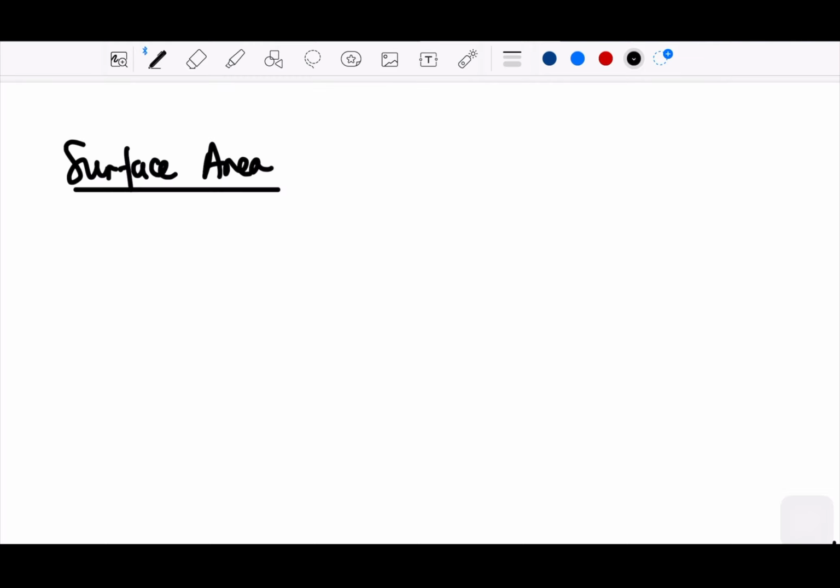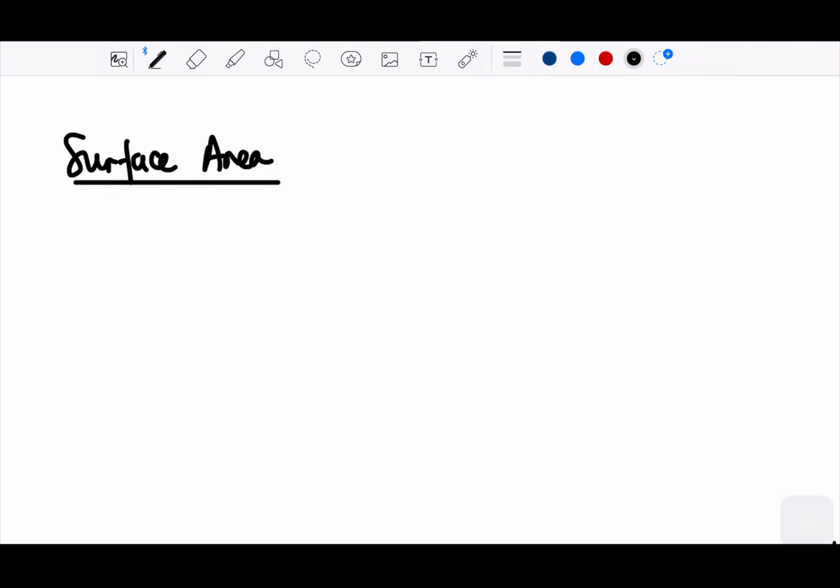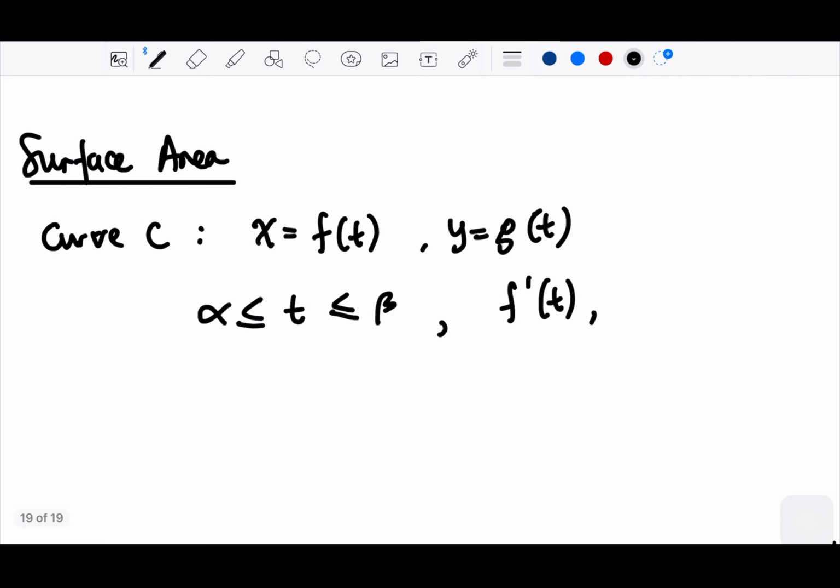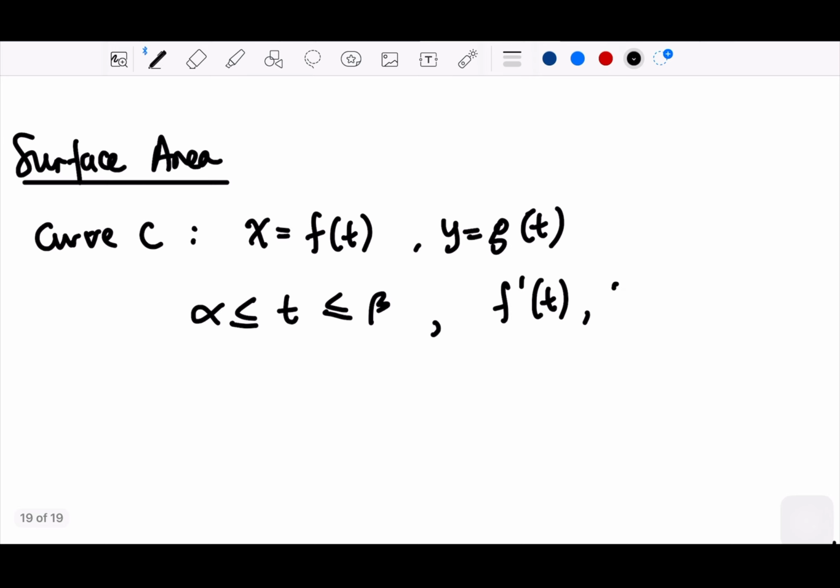So let me write: curve C defined by these two parametric equations, and all the functions are differentiable or continuous.